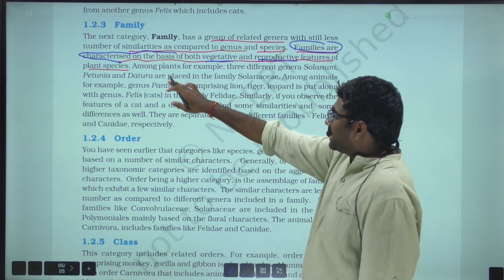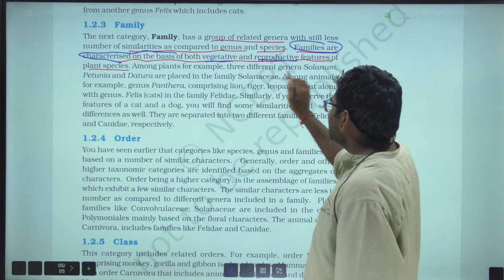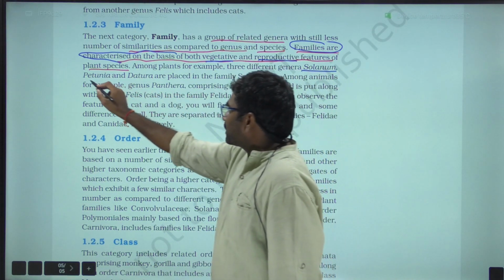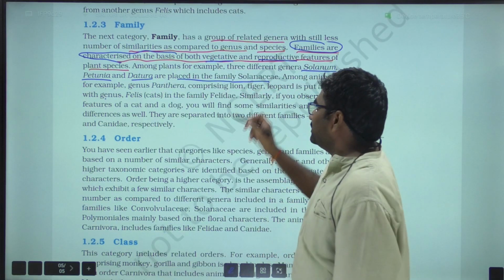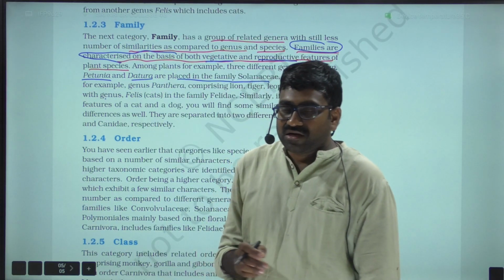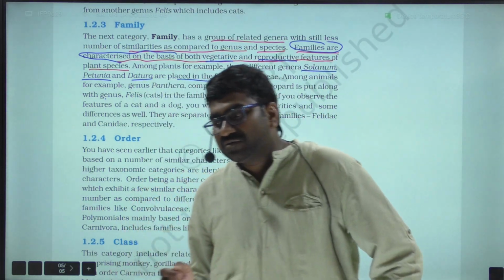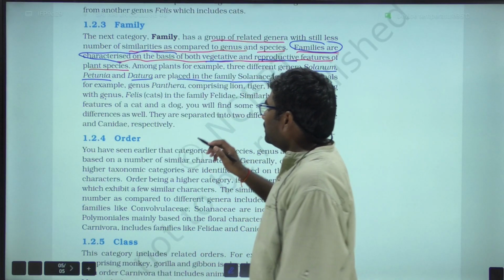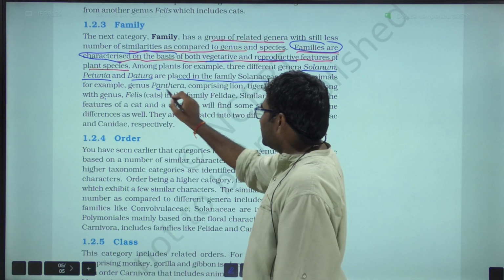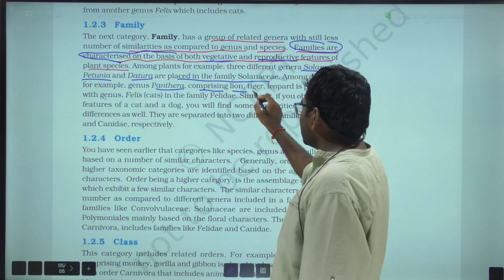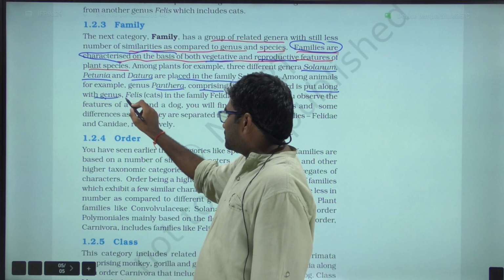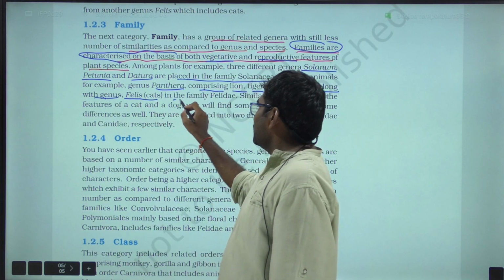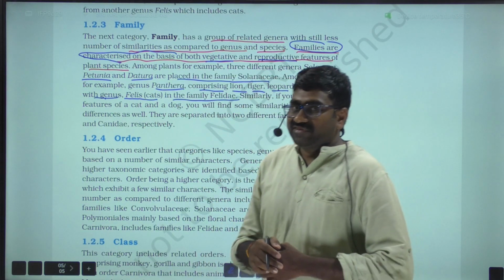Among plants, for example, three different genera, Solanum, Petunia and Datura, are placed in the family Solanaceae. Petunia is an ornamental plant of the Solanaceae family. For example, genus Panthera, comprising lion, tiger and leopard, is put along with the genus Felis, that is cats, in the family Felidae.